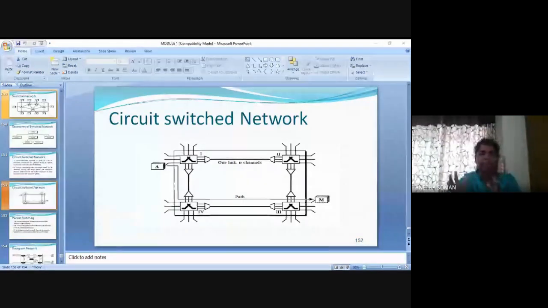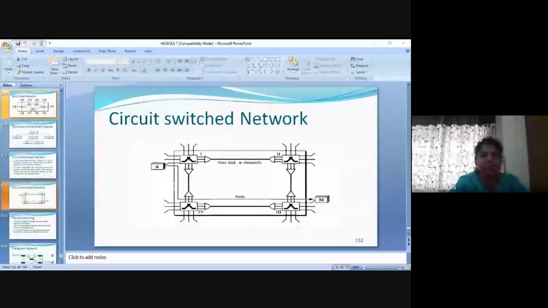An example is your telephone network. Before having the connection, you should establish a circuit for that. Resources and everything should be planned before making a call. So you have to establish the circuit, transfer the data, and disconnect the circuit. That is the function of the circuit switched network.